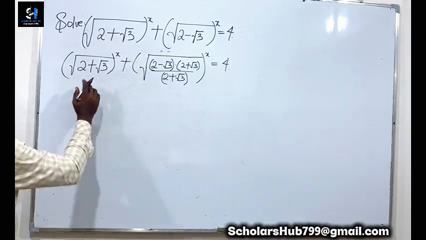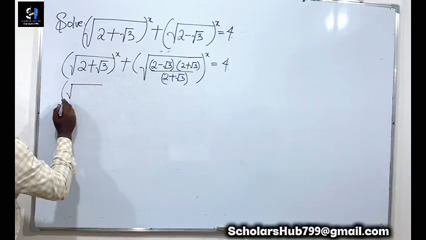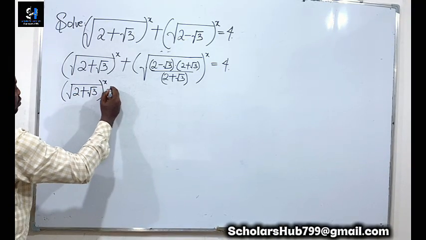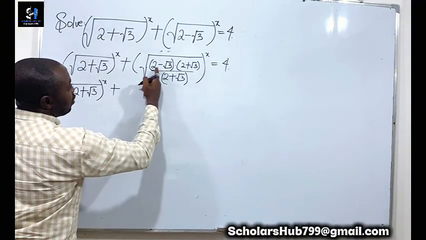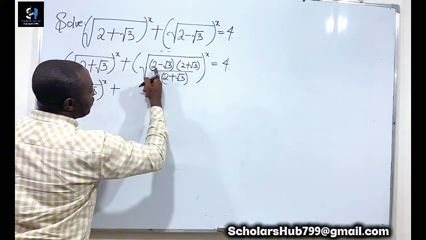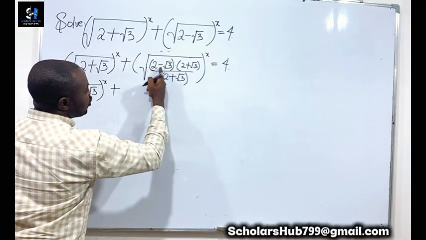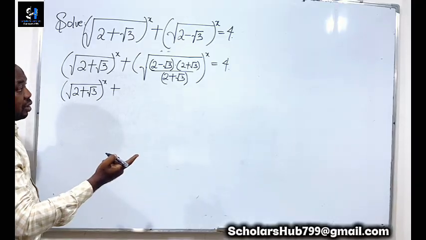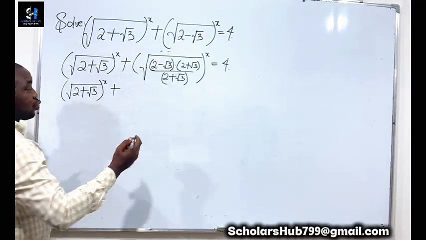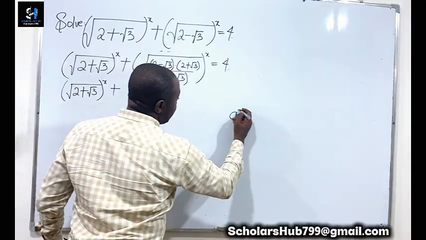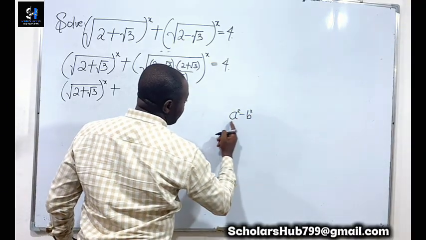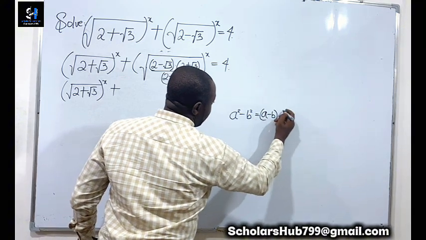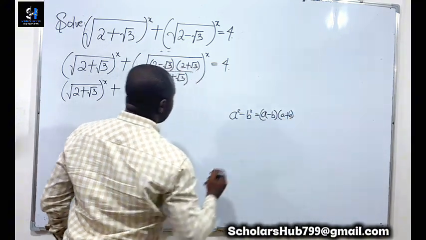All right. Then I'll write this again: parentheses radical 2 plus root 3 raised to the power of x plus. Now, we have here the product of this surd and its conjugate, and that will give us a rational number. This is a difference of two squares: when we have a squared minus b squared, this will be equal to the product of a minus b and a plus b.